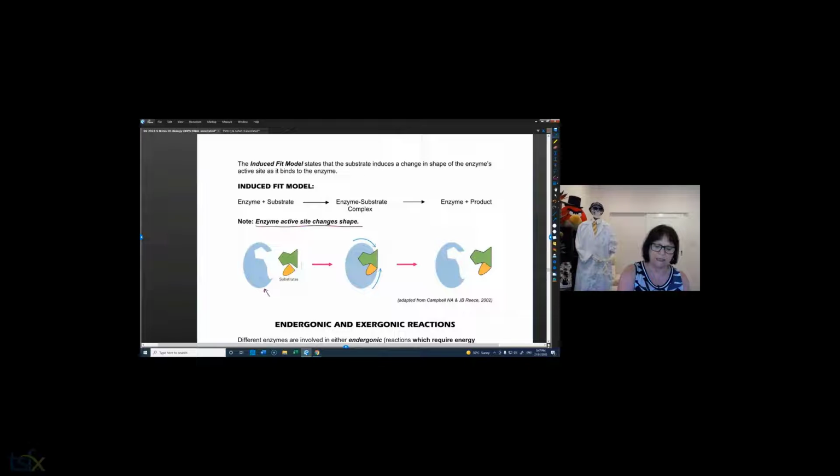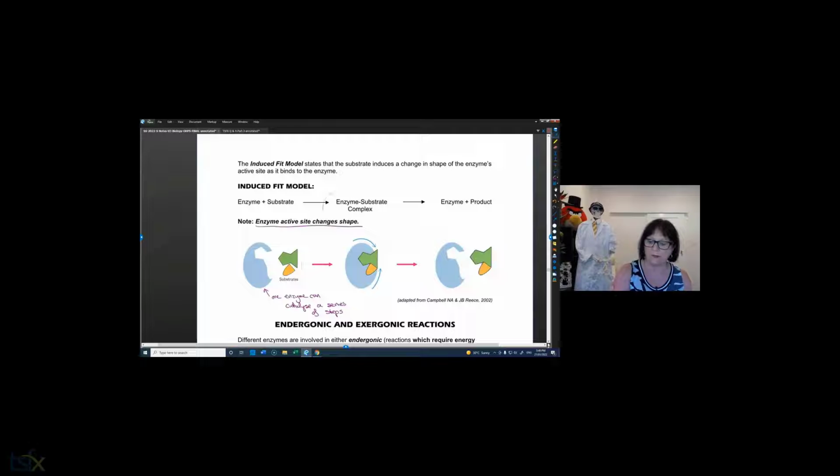What this means is one enzyme can catalyze a series of steps. So it might mold to do the first step, then it might mold again to do another step later on. So this is a way to explain how there can be so many pathway steps and not enough enzymes, if the enzyme molds to fit.